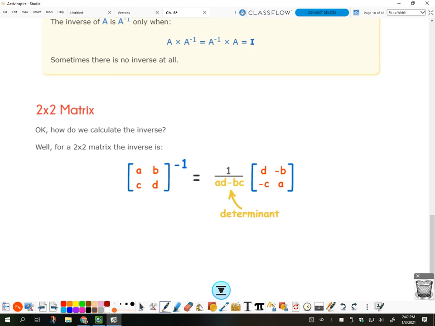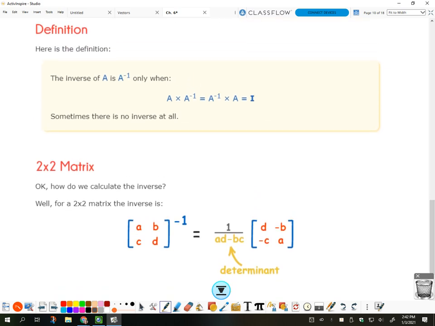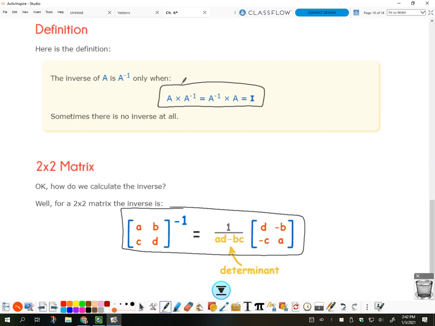So for now, you just need to understand that if I give you this 2x2, you have to do this to get its inverse. Out of everything on this slide, if I were going to write something down, it would be this formula. And it doesn't matter if that's the determinant right now.